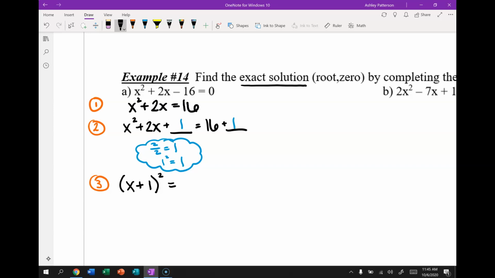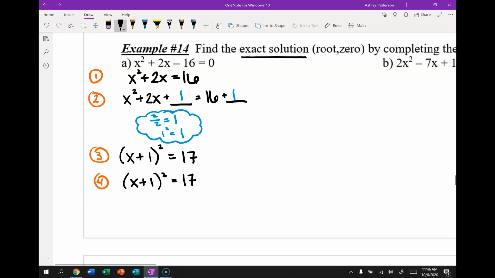And it equals 17. Okay, so step 1, move c to the other side if needed. Step 2, create a perfect square trinomial. Step 3, factor and simplify. Step 4, solve. Now, in order for us to solve, I'm going to have to somehow get that x out of the square. So we're going to take the square root of both sides.